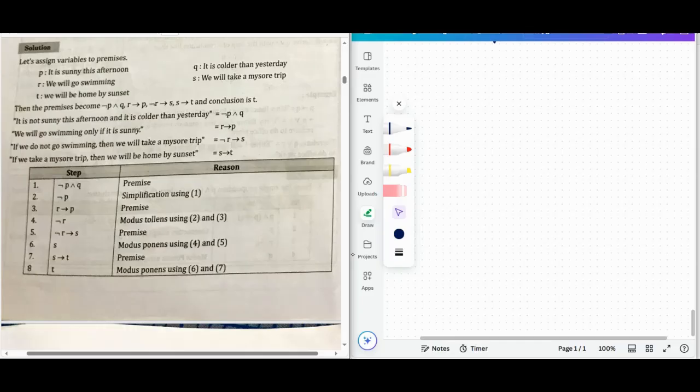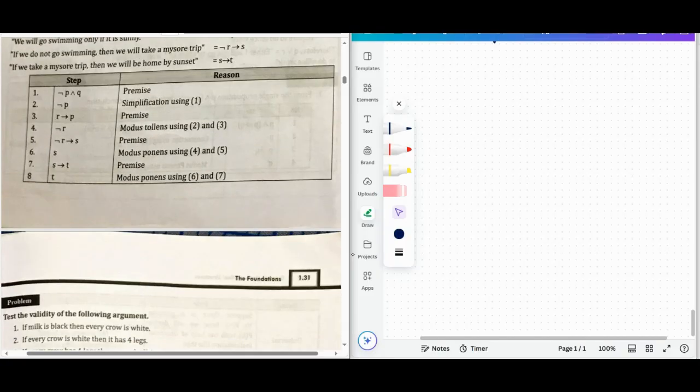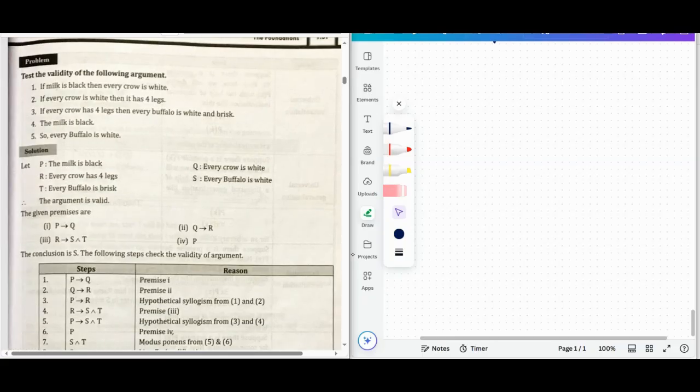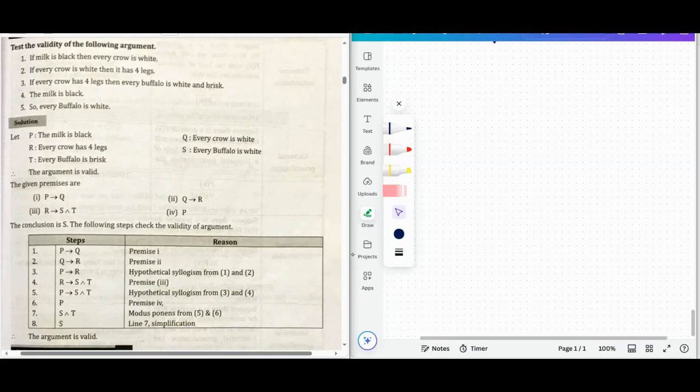We will take a Mysore trip. We will be home by sunset. So yeah, the given argument can be converted into symbolic form, and we can prove this by using the laws. Okay, I'll take this example. It will be easy for you to understand. It was asked in one of the papers, so let me explain this completely. Test the validity of the following argument.